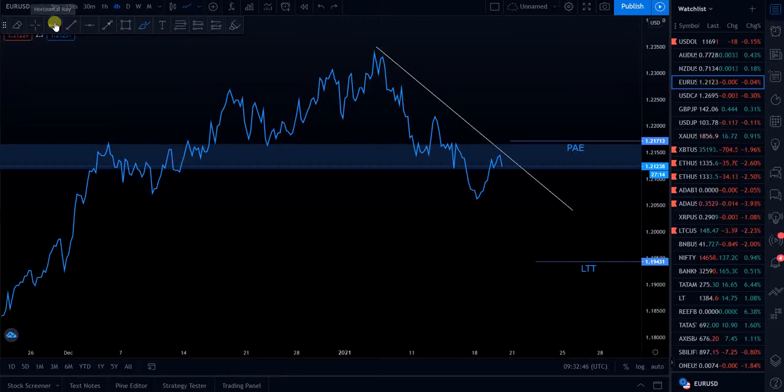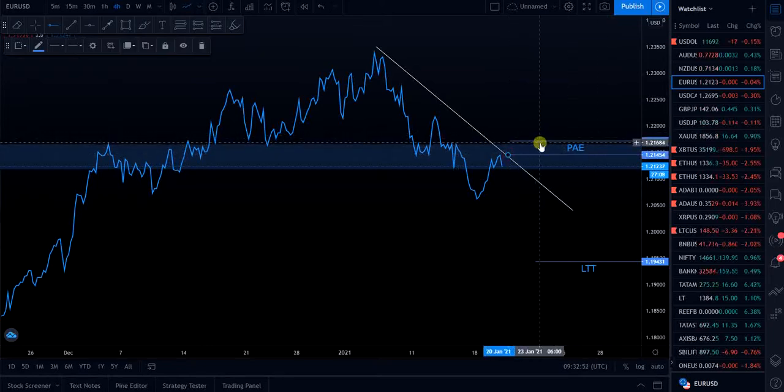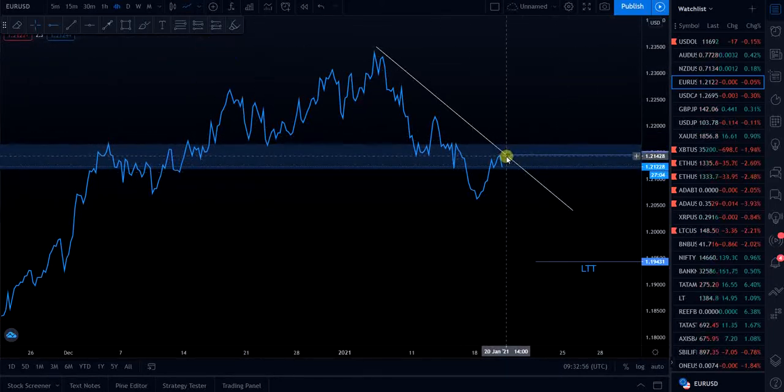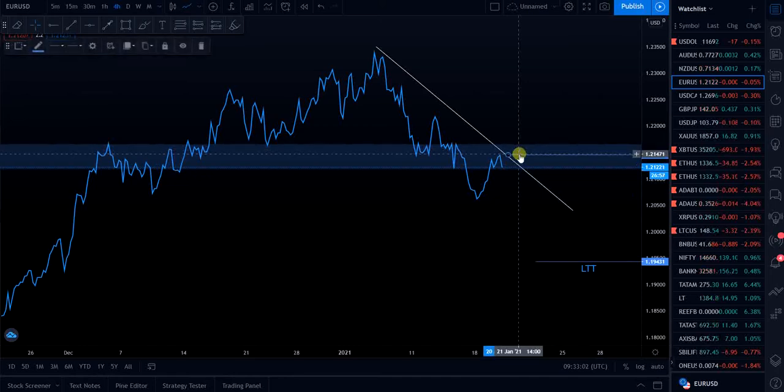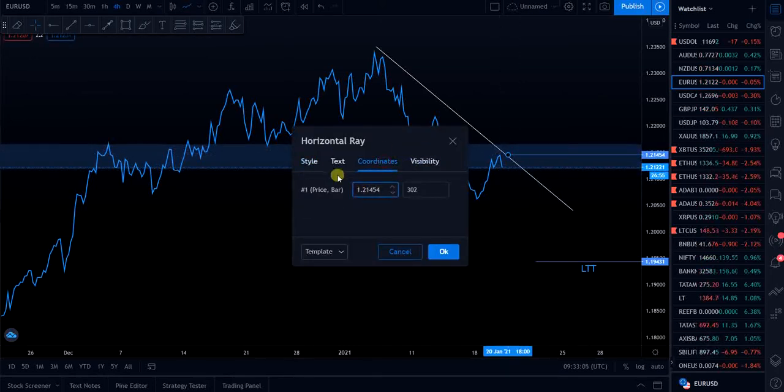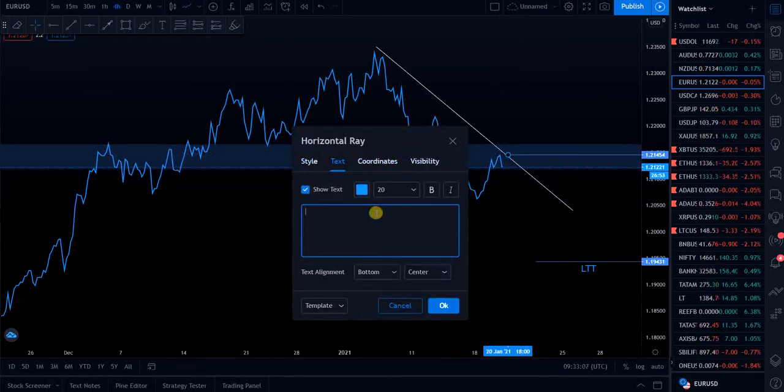So we have to mark this closest as our sniper entry or entry for short. So just delete this possible area to enter and mark this with new horizontal ray and name it as entry for short, cause our long term target is in a bearish direction. Entry for short.